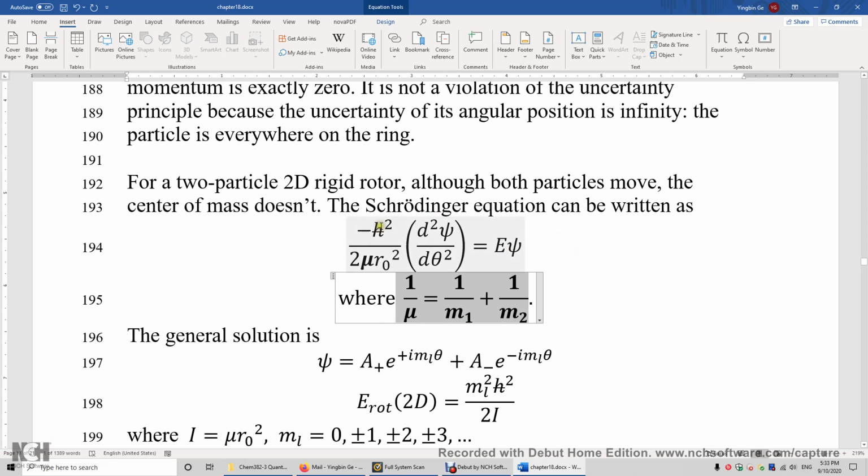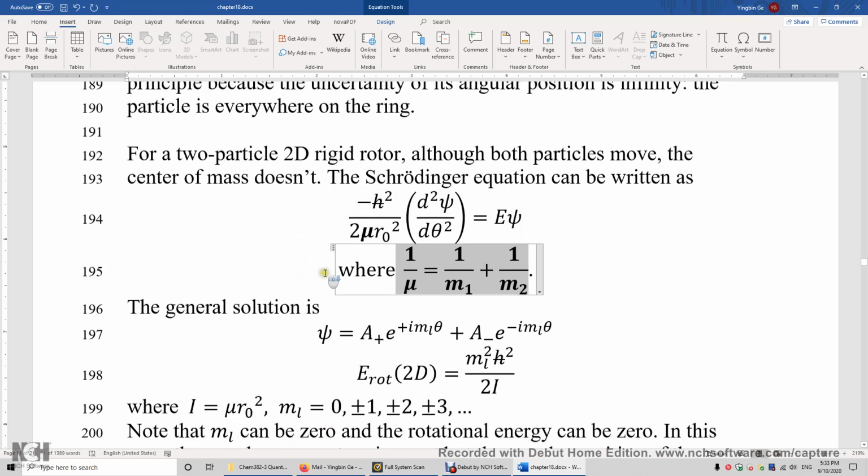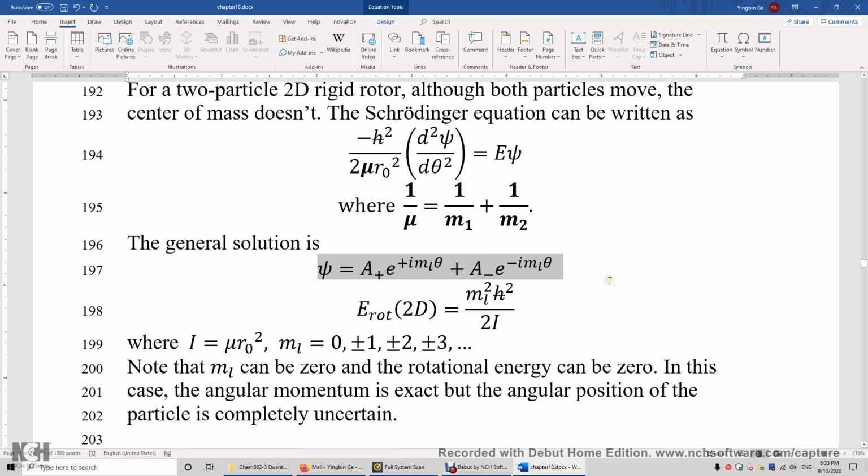The general solution to this Schrodinger equation is here. It's the same as the one-particle system. It's a linear combination of e to the power of plus i m sub l theta and e to the power of negative i m sub l theta. The kinetic energy has the same expression. Again, just pay attention to this I. This I is now mu times R naught squared.